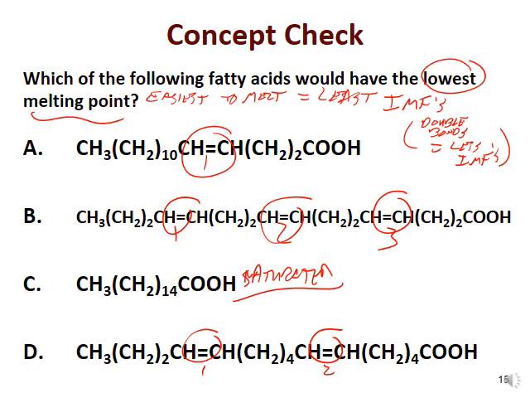Okay. So I'm thinking, let's do them all in order. The first thing we would look at to decide least IMFs in this case would be size, but they all have 16 carbons.